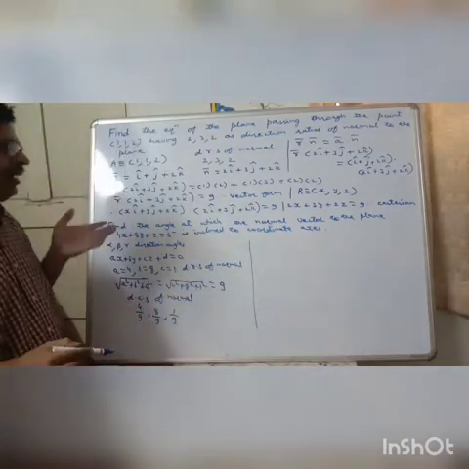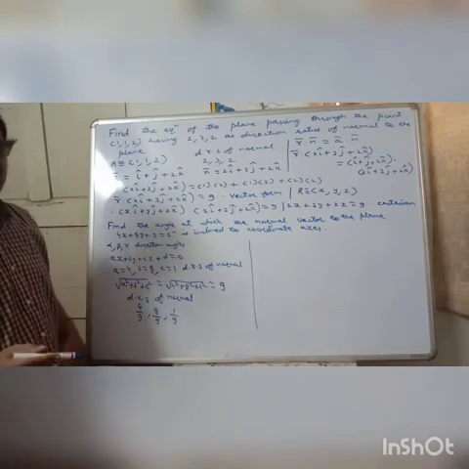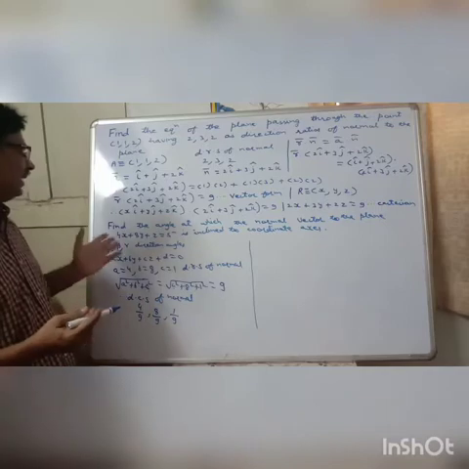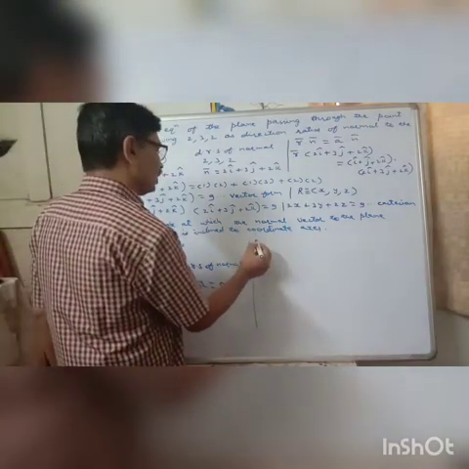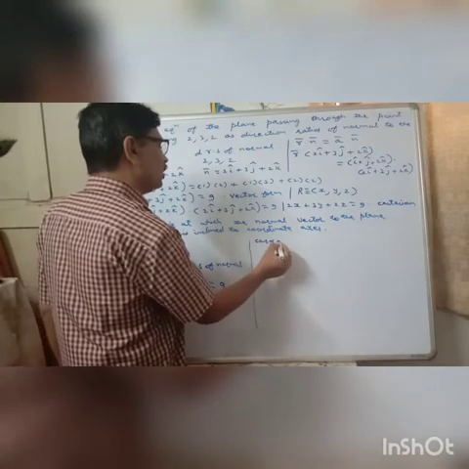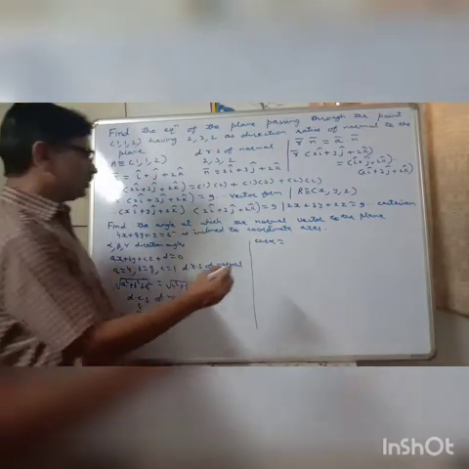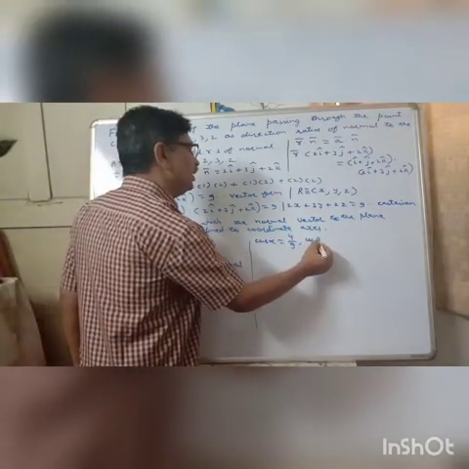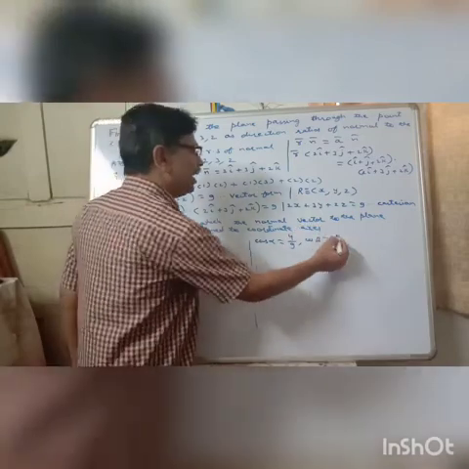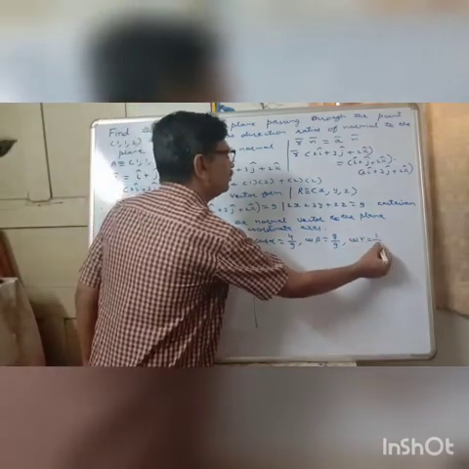And we have to find direction angles, means values of alpha, beta, gamma. Cosines of direction angles, they are direction cosines. So cos alpha, cos beta, cos gamma. So cos alpha 4 by 9, cos beta 8 by 9, cos gamma 1 by 9.